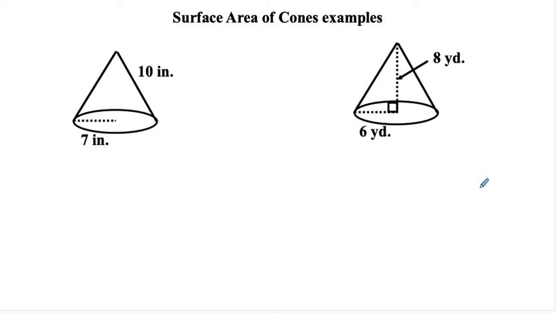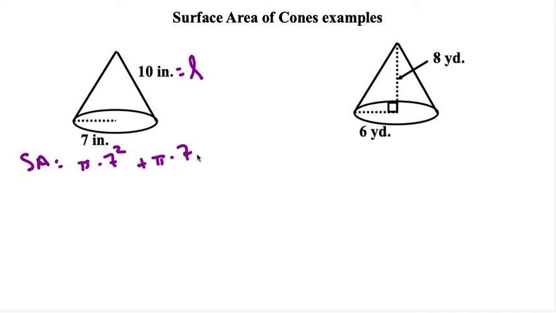So now a couple of examples of surface area. In this case, with how this 10 is written, notice there's no dashed line, so it's safe to assume that that is the slant height. So for the surface area, it's pretty straightforward. It is pi r squared, pi times 7 squared, which is just the area of the circle, which is the base, plus pi times r times L, just like the formula says.